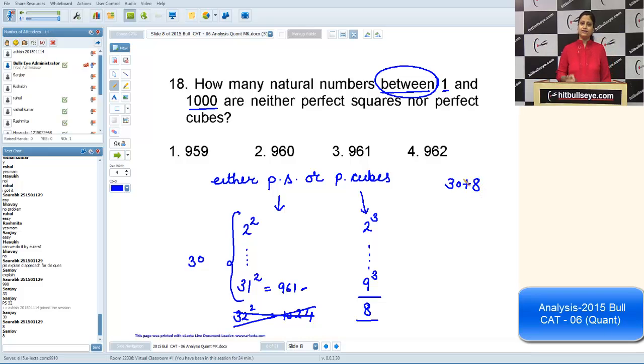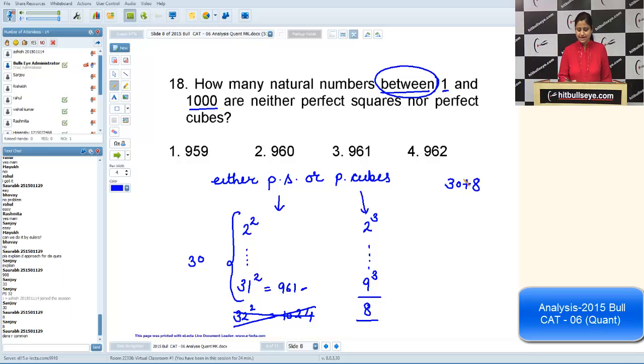But there are numbers which are perfect square as well as perfect cube. They are counted twice, and they are 2 raised to power 6, 3 raised to power 6; 4 raised to power 6 will be beyond range. So we will subtract this. So these many numbers are either perfect square or perfect cubes.